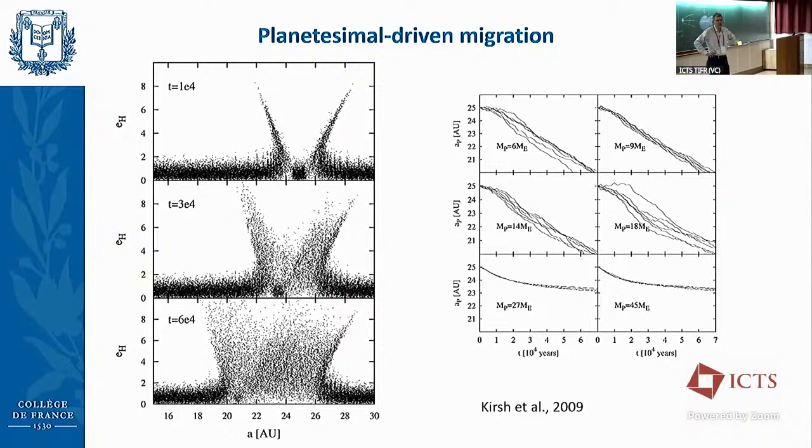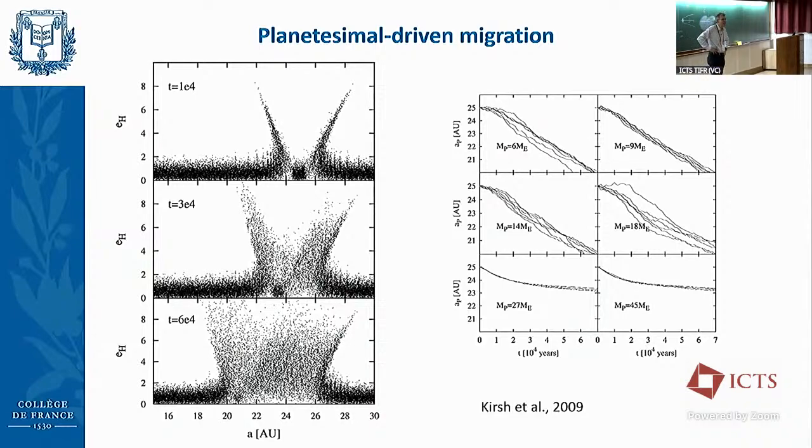Yeah, of course. I mean, if you put planets very far from each other, then it takes a long time on migration to reach a resonance. But migration is fast, so you tend to erase a little bit the initial conditions with the lifetime of the disk.